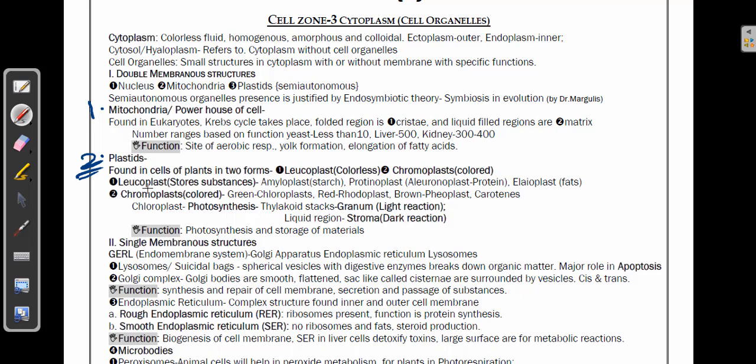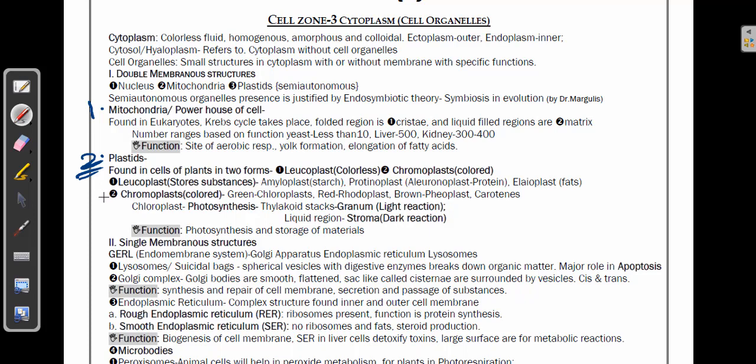The leucoplast's main function is to store various substances, and based on what they store, we have named them accordingly. First is the amyloplast, which stores starch, then the proteinoplast, which stores proteins, and then the elaioplast, which stores fats. So these are mainly involved in storing food, and they can even undergo color changes.